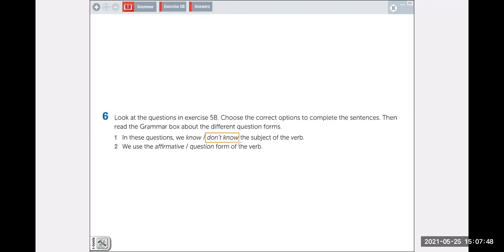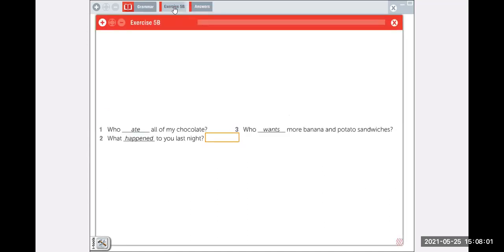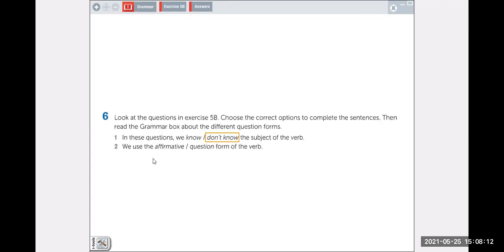What about the second question? It says, we use the affirmative or question form of the verb.